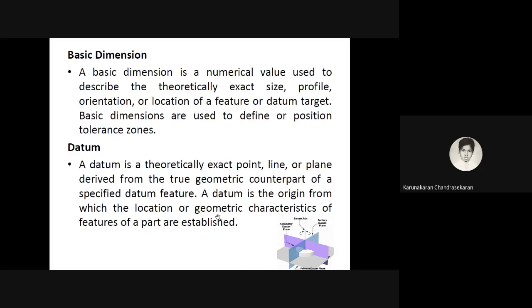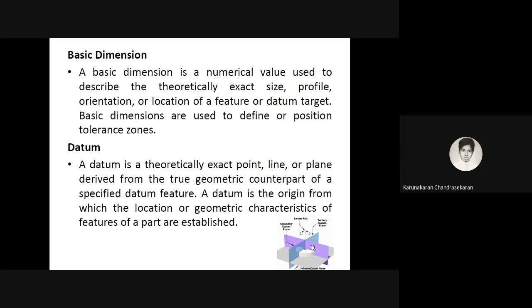What is the basic dimension? Basic dimension, take a simple resistor hole or even simple capacitors. Okay, the dimension is given to you. It's a numerical value which theoretically describes the size and orientation. Okay, right. And what is a datum? Datum is nothing but a theoretical exact point or plane.